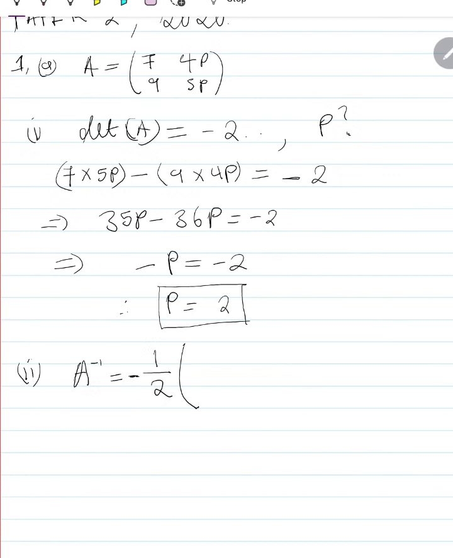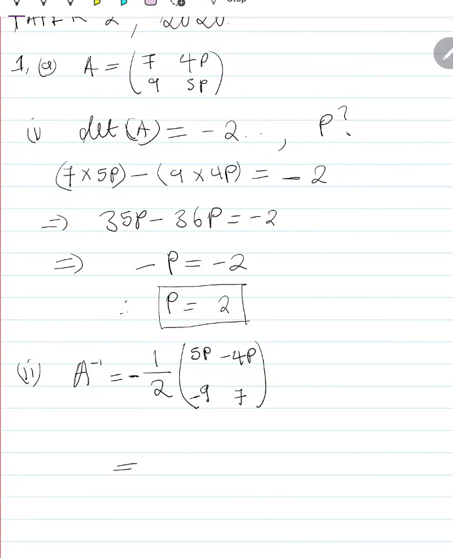you interchange the entries of the major diagonal. So you have 5p, then at the bottom you have 7, then you change the signs in the minor diagonal, so -4p and -9.